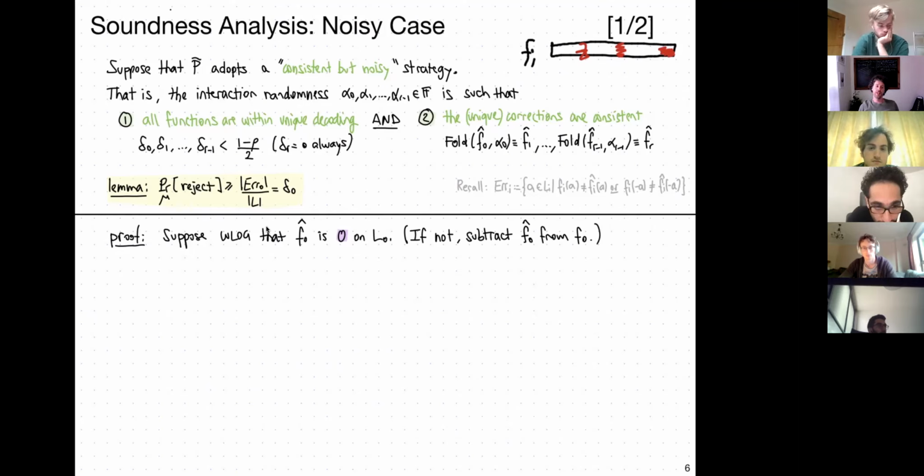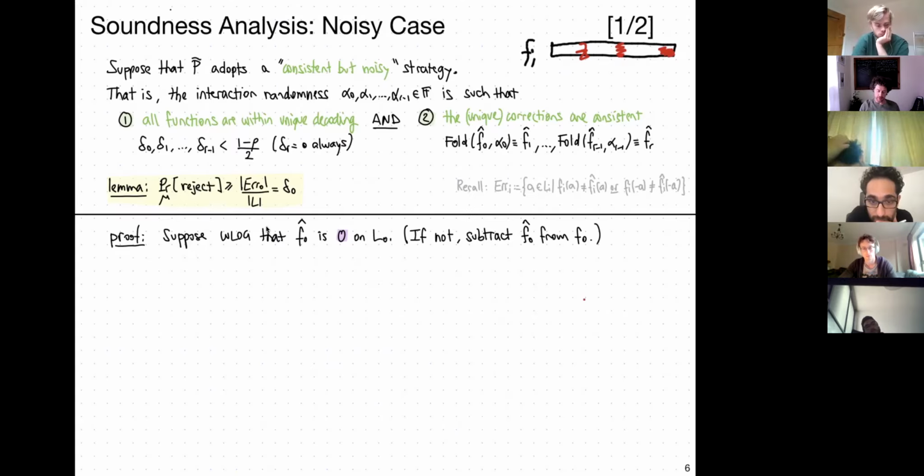Why does it make our life really easy? We know now that the original function that we want to test, f, is actually the all-0 string. It's the function valued 0 all over the place, but delta percent of it was corrupted. So it's 0 everywhere except for some places where it takes some other values.